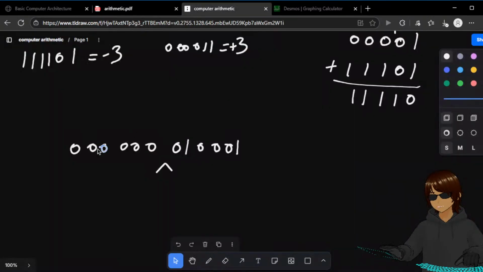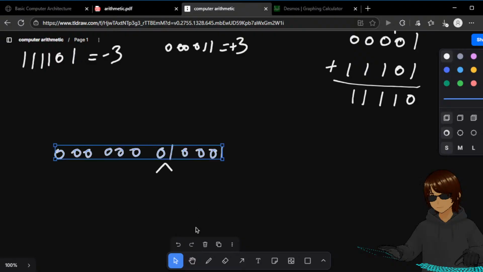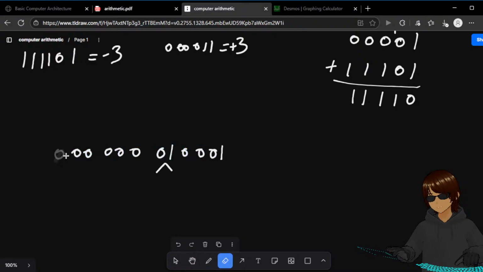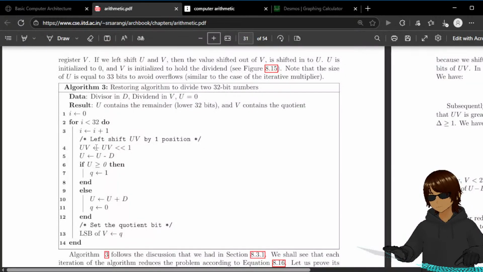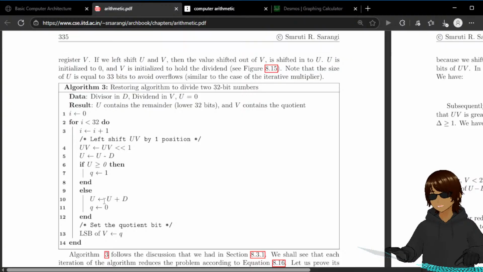We shift it, right? We shifted one position. This gets out. We do U is equal to U minus D. But if we end up with a negative, we will add it back again.